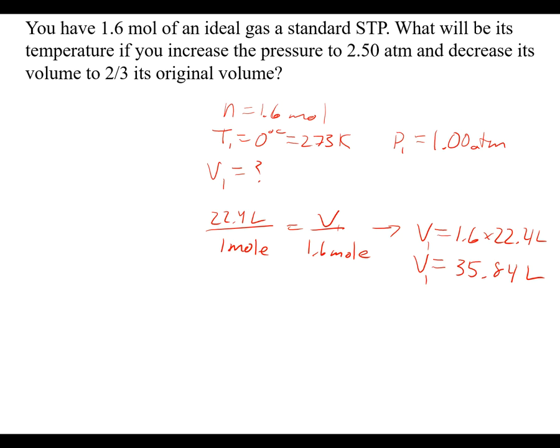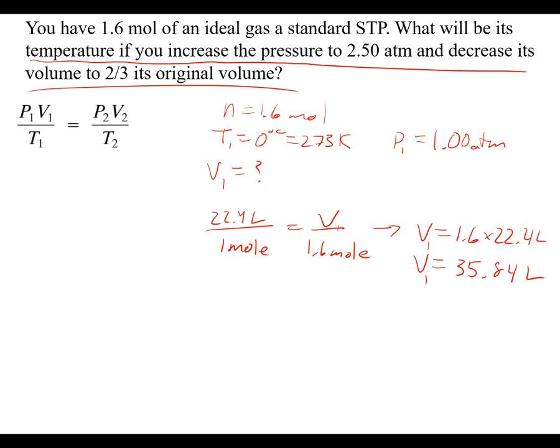Okay, so we have our initial volume, but that's not what we want. We want to know what will be its temperature if you increase the pressure and decrease the volume. Well, to do that, we use our ideal gas relationship here. So let me change my ink color. There we go.